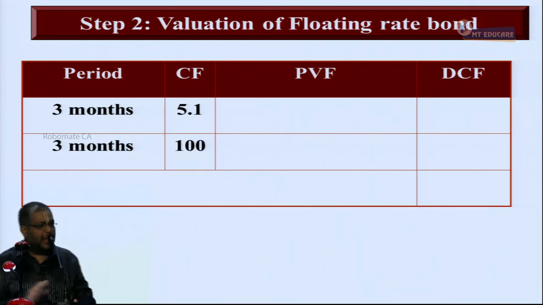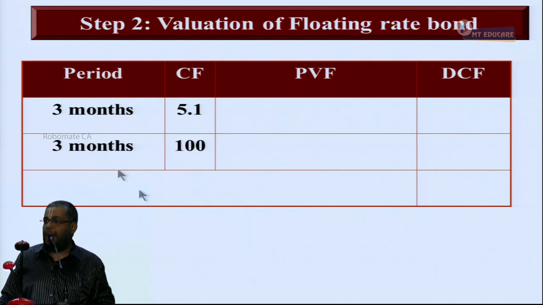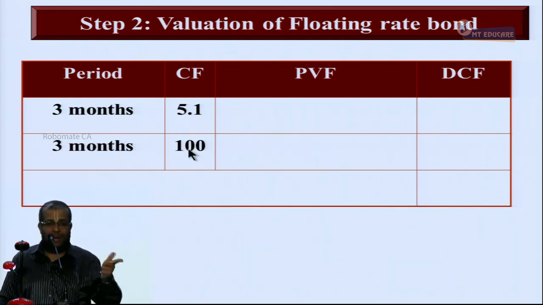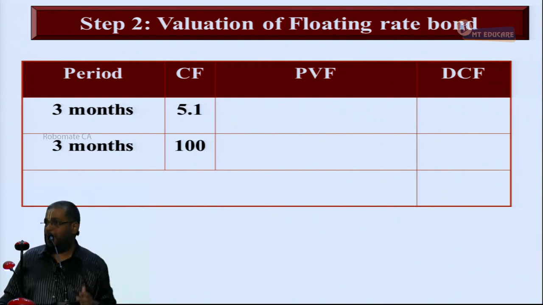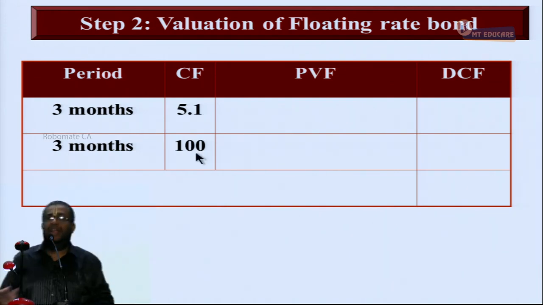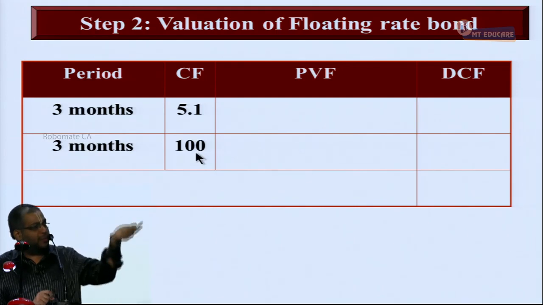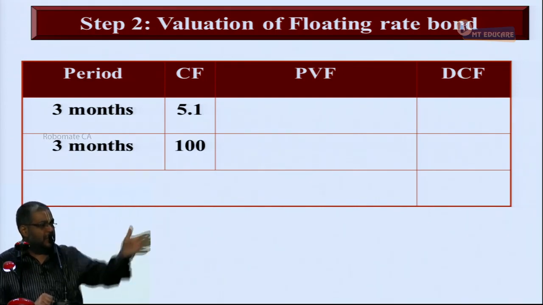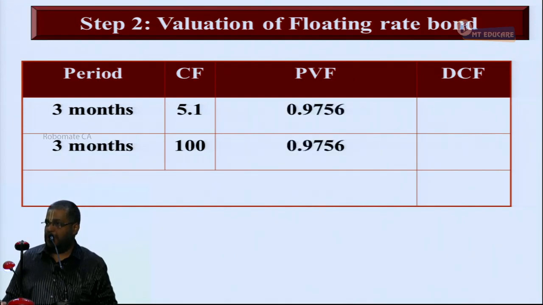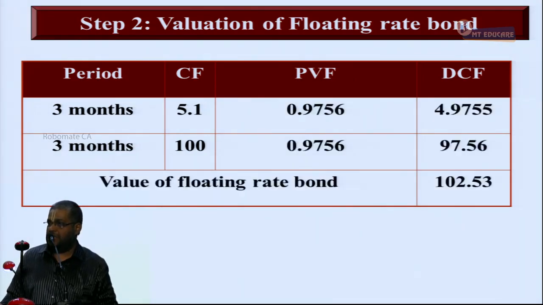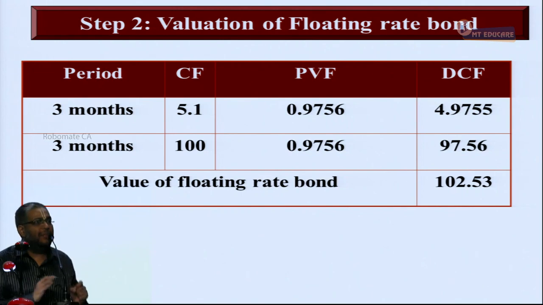So holding it does not affect the value, because I am losing another 2 coupons. The remaining 2 coupons and redemption are discounted at the current yield to get what? 100 million. This 100 million represents what? The remaining 2 coupons to be received as well as the redemption to happen. So in that case, the PV factor has been multiplied and I get the value so much here? 102.53. Everybody, yes or no?